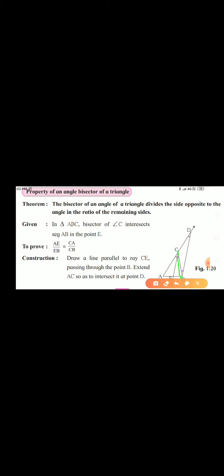We already proved that these two angles are congruent, and we know the theorem that sides opposite to congruent angles are also congruent. So CB will be congruent to CD. This is our equation number 4.